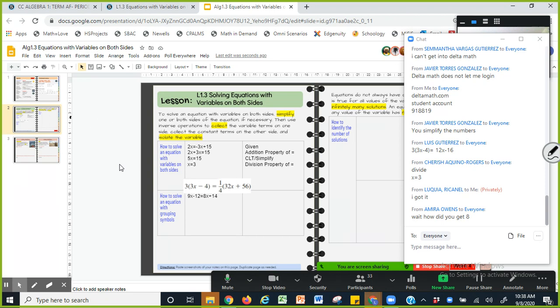If you see 1/4 and then a 32, by default the 32 has a 1 underneath it, right? So you will multiply the top and the bottom. The top will become 32, and then 4 times 1 at the bottom will become 4. So that's how Louise got 8. All right, did that answer your question, Amira?